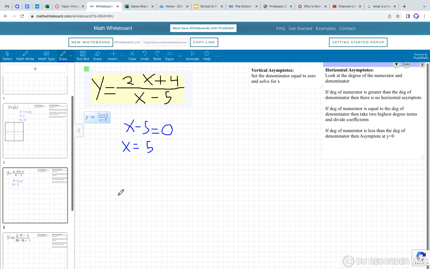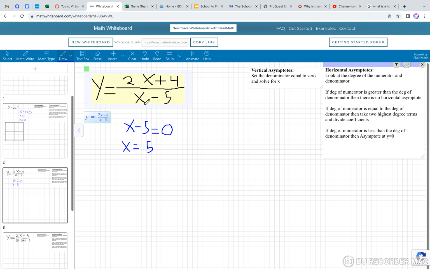Next, we're going to look at how to find the horizontal asymptotes. In this function, the numerator is degree 1, because remember there's a hidden 1 in the exponent spot above the x. And the denominator is also degree 1, with a hidden 1 in the exponent spot. So what do we do then?